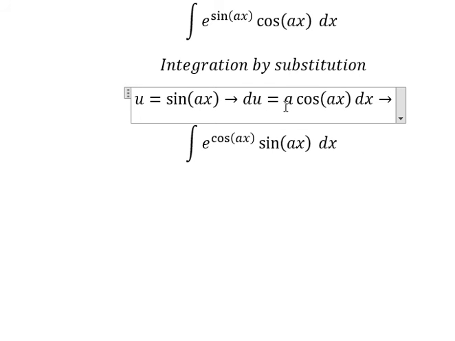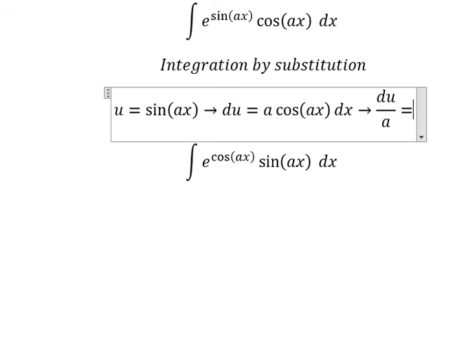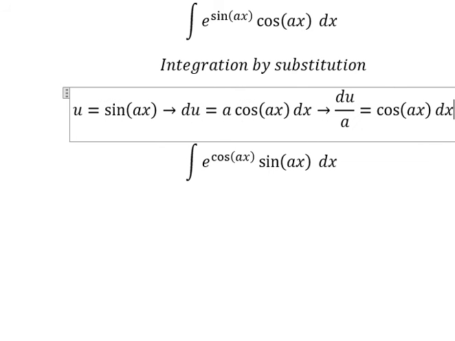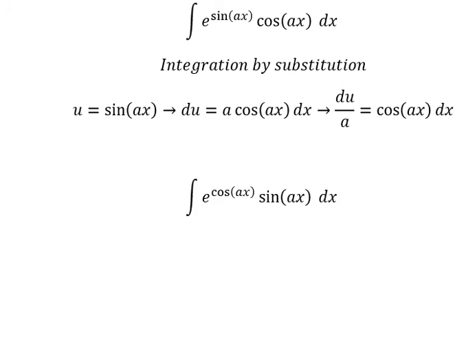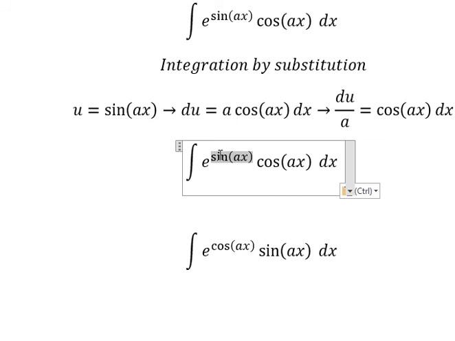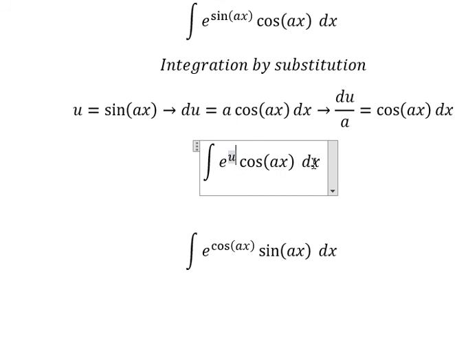Next, we divide both sides by a. So this one we change by u. This one we change by du over a.